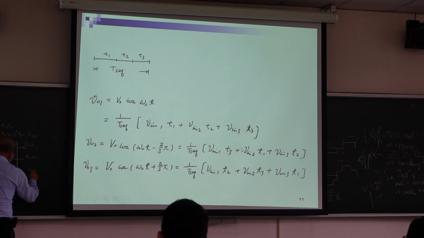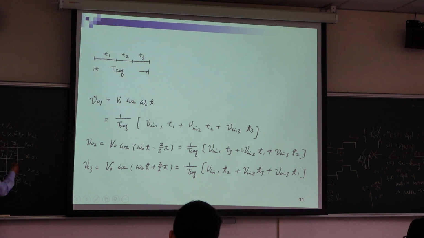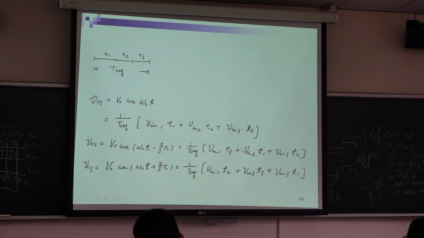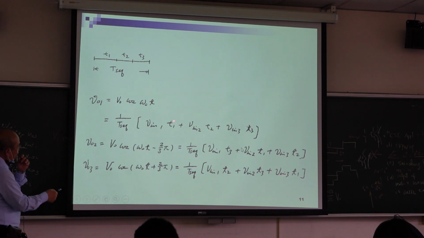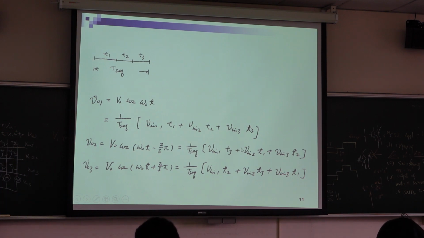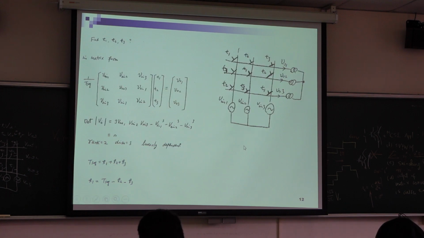How about Vout3? Vout3 cannot copy Vout2. They have to shift a phase angle. So I change T3 to here, T1 to here, T2 to here. So Vout3 is Vin1 T2 plus Vin2 T3 plus Vin3 T1. So we shift. Then we can obtain VO1, VO2, and VO3. Then we can calculate.